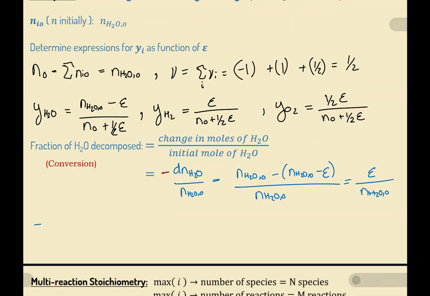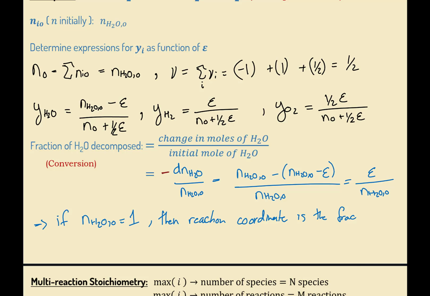So if NH2O naught, as I was saying, is equal to 1, then the reaction coordinate is equal to the conversion, or the fraction of H2O decomposed.